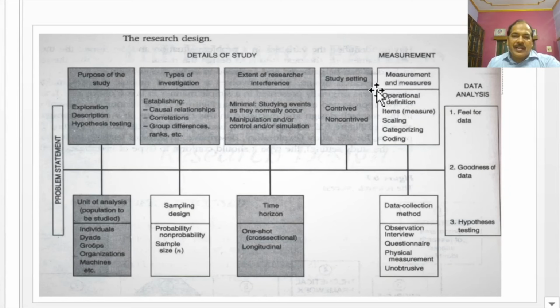And if we have random group allocation, then we can go for the true experimental method. Based on all these assumptions, we can decide what type of method or technique will be appropriate for the particular purpose in a design.